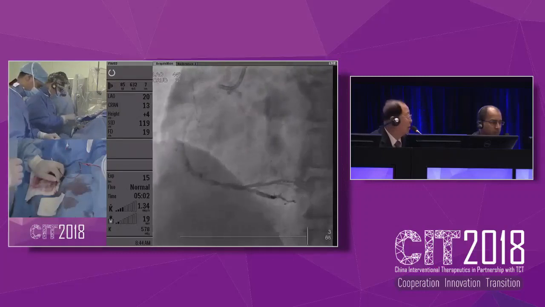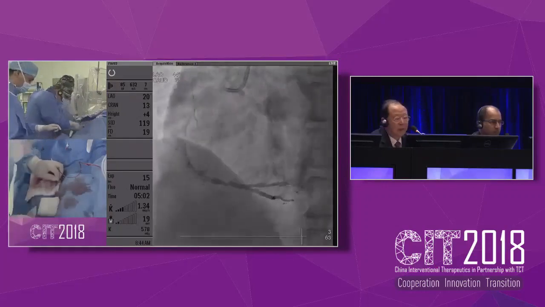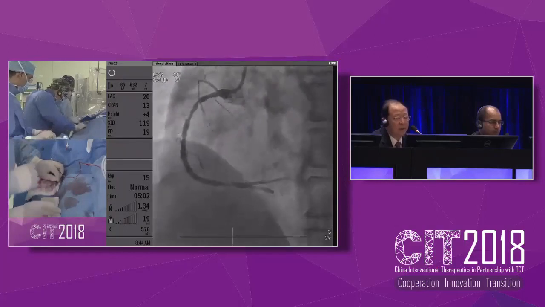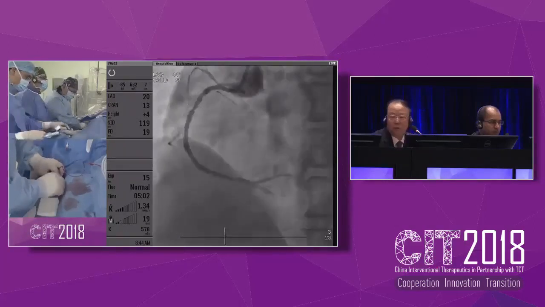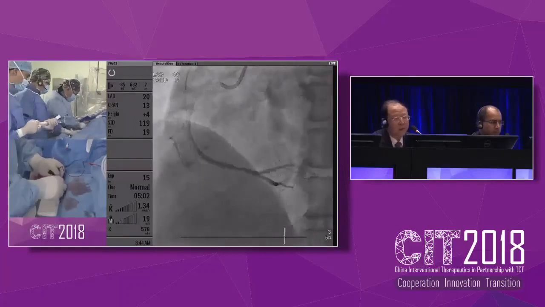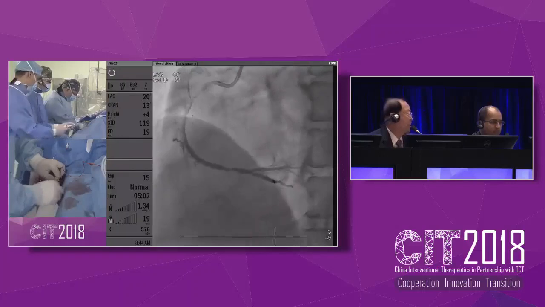It's earlier than the polymer. So usually, after the start of corrosion, there will be no strut in the lumen. So, in many animal data, no thrombosis so far.